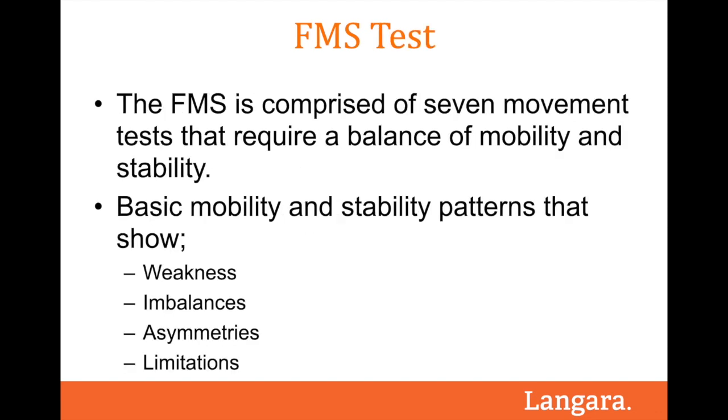So the FMS is comprised of 7 movement tests, and they all require balance, mobility, and stability. And so what we're trying to do really is see if someone's mobility and stability is deficient or effective.